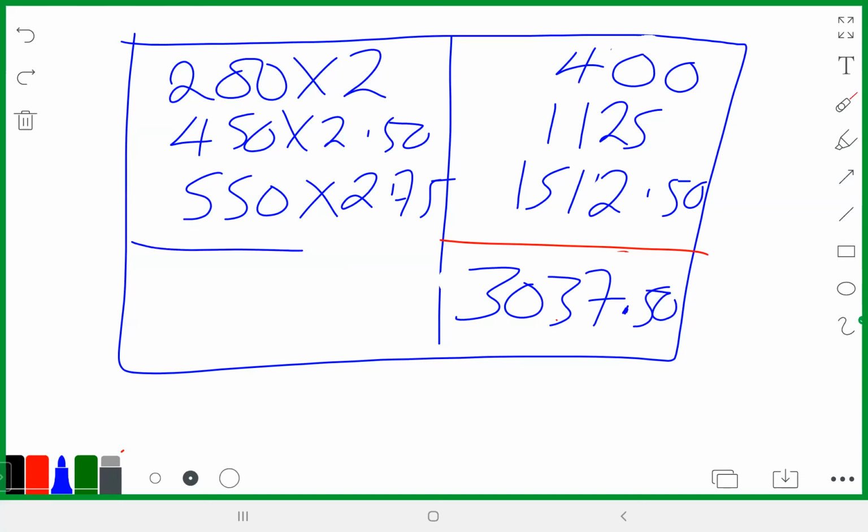Then in terms of the units, we are just adding all the units that were purchased.